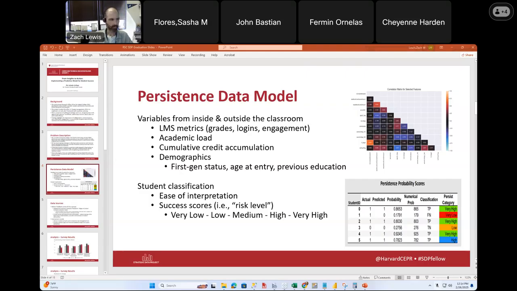So when advisors go into the system, they will see whether the student has one of these indicators, and based on that, they might decide to take an action.